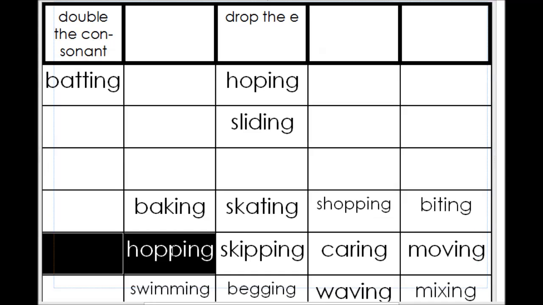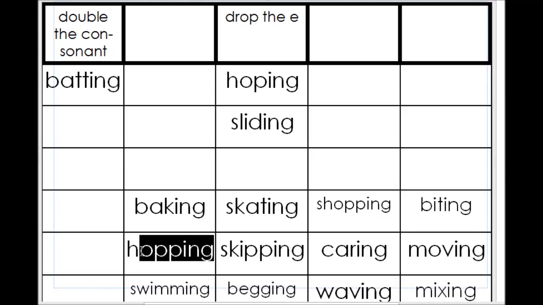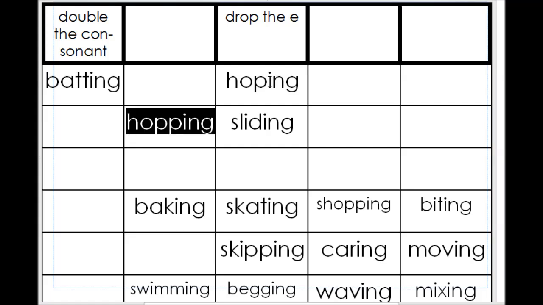I'm choosing the word hopping because we have two words that are similar. We've got hoping and hopping, and this is the perfect example of why you have to double that blocker.